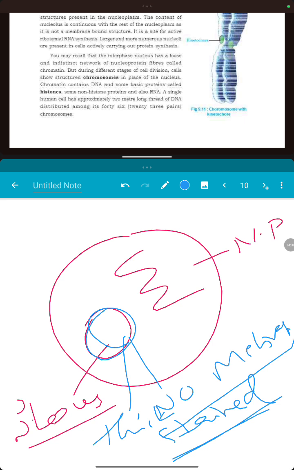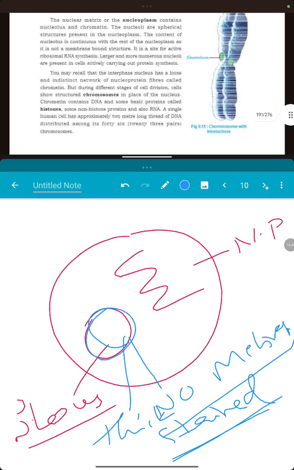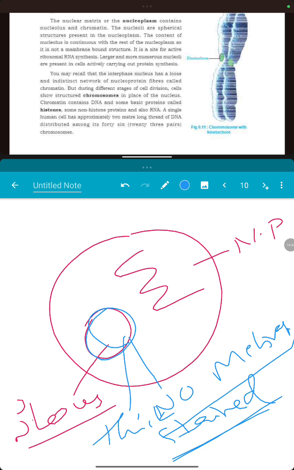So this material will be continuously present with the nucleoplasm because it has no membrane. It is a site for ribosomal RNA synthesis.